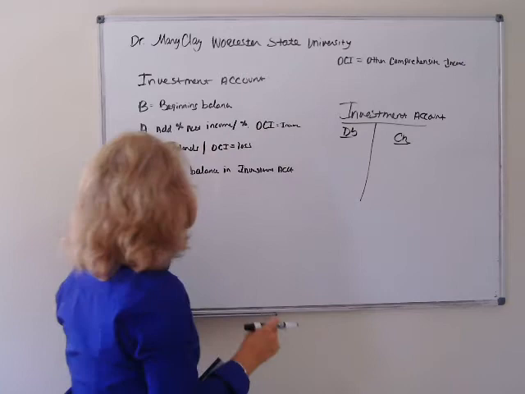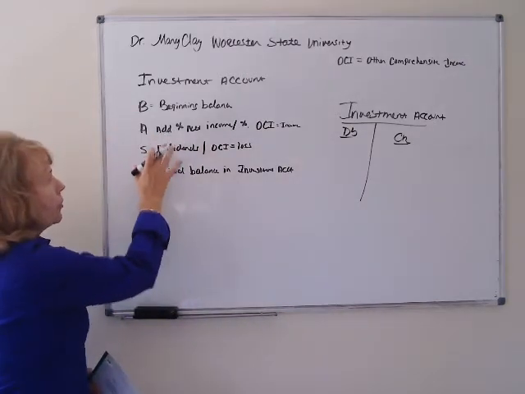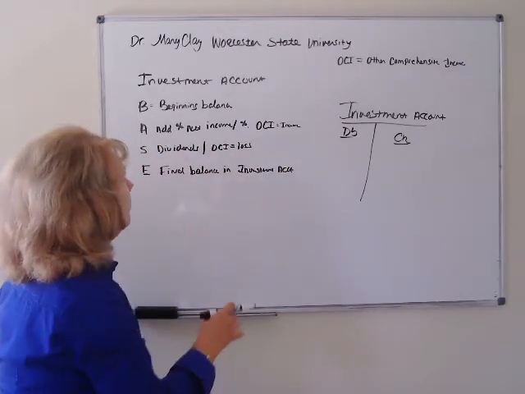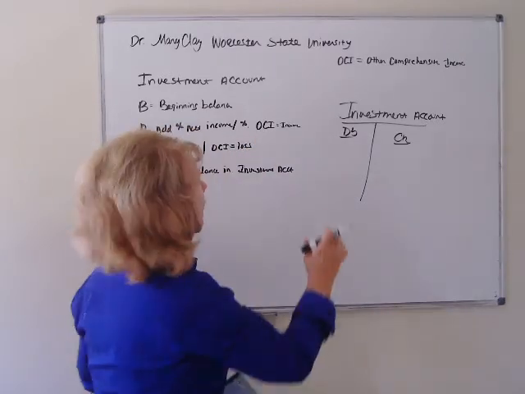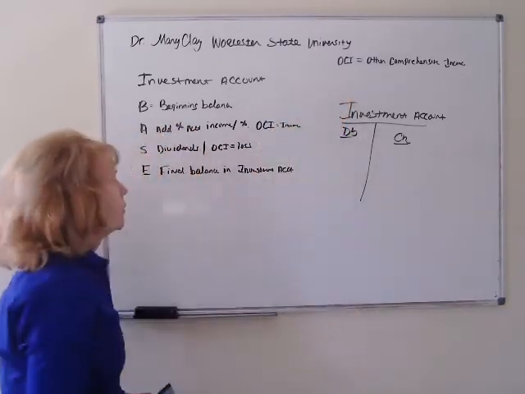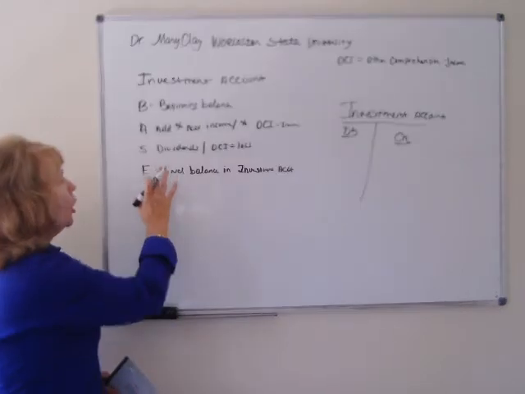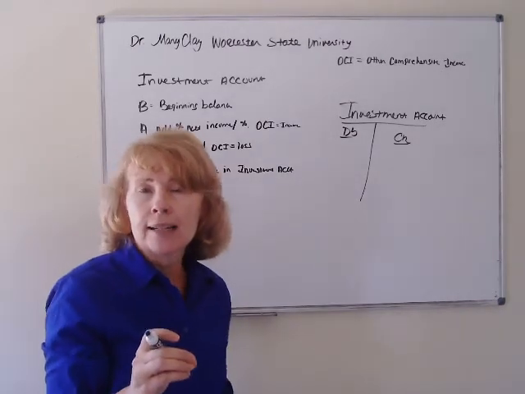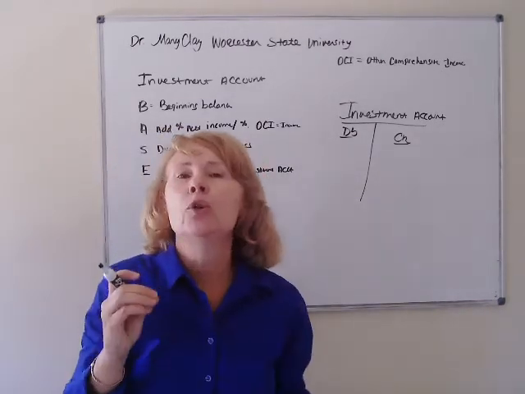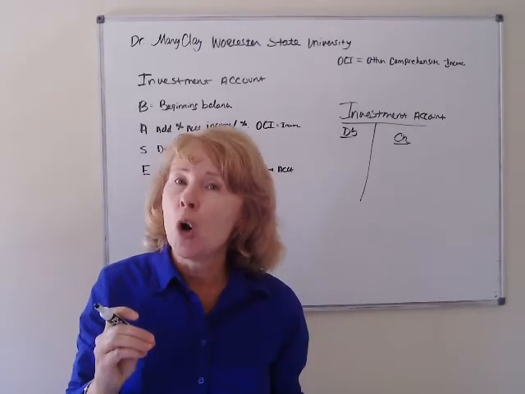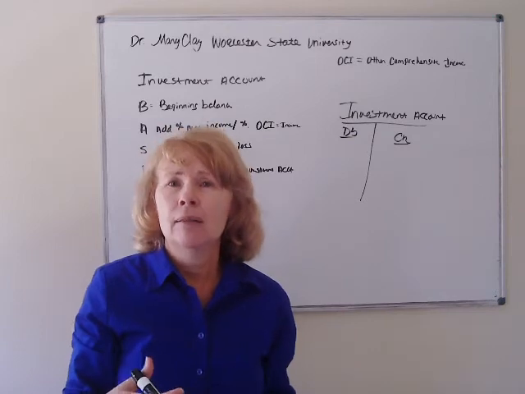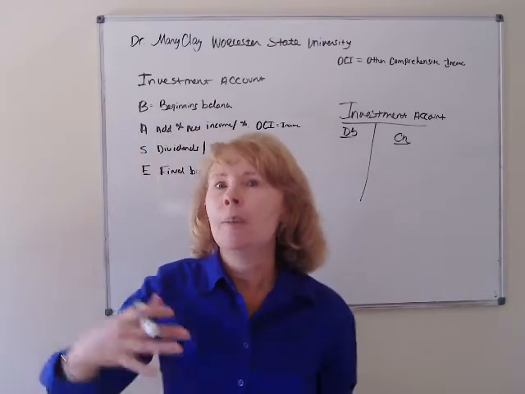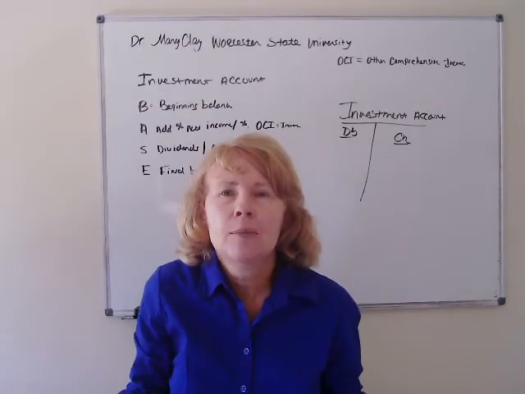Okay. You will add the percentage of net income or the OCI income, other comprehensive income. Remember, OCI stands for other comprehensive income. You will always subtract dividends. So dividends, when you use the equity method, they must always be subtracted from the investment account. Think about it. If a company owns another company, they can pay themselves dividends.